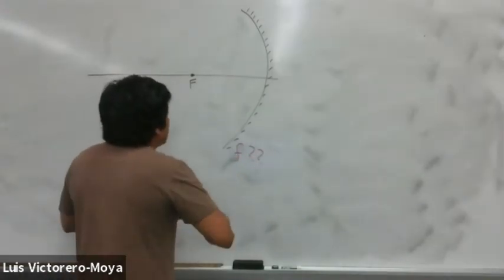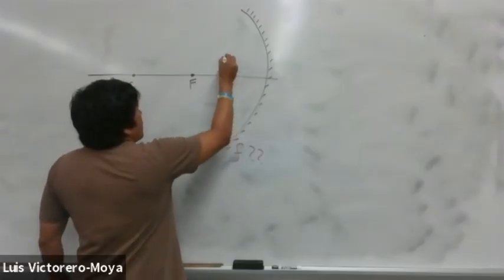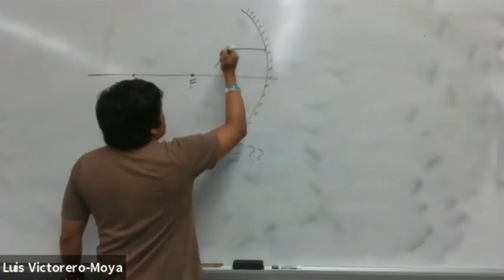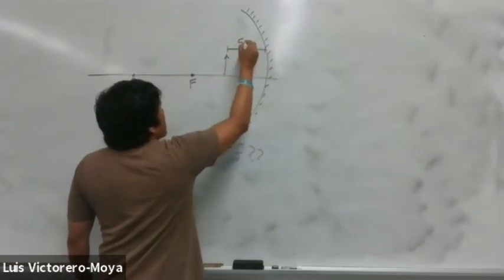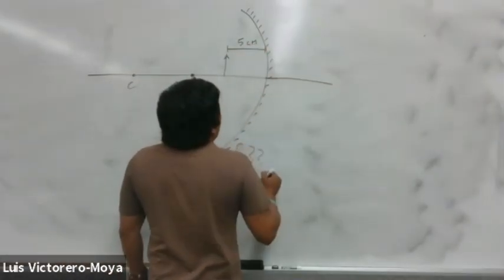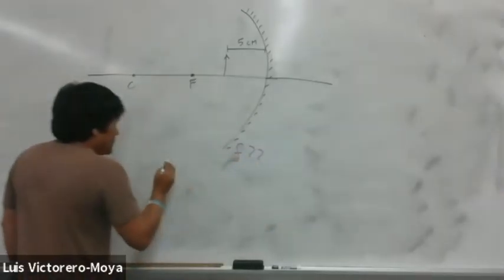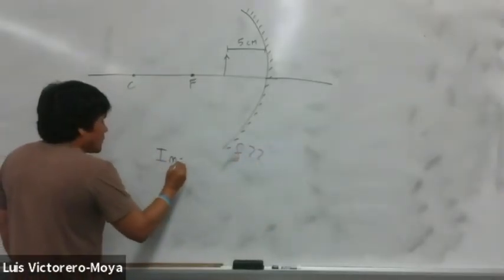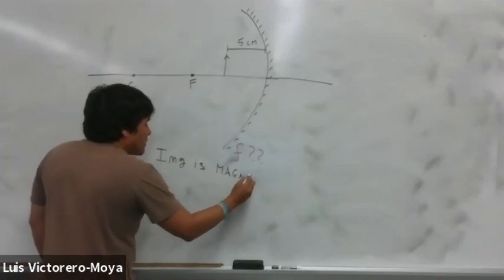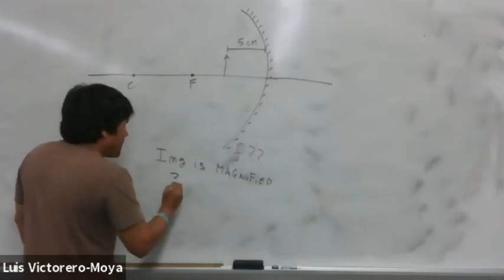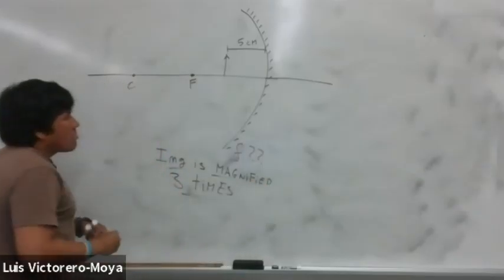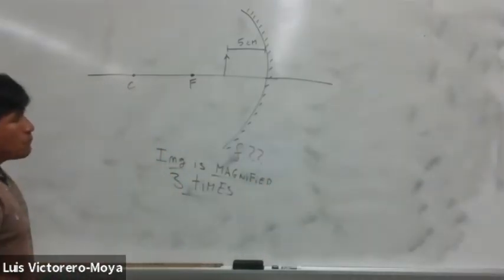So if you place a tooth, or an object, say, 5 centimeters away, the image is magnified three times. Find the focal length so that happens.